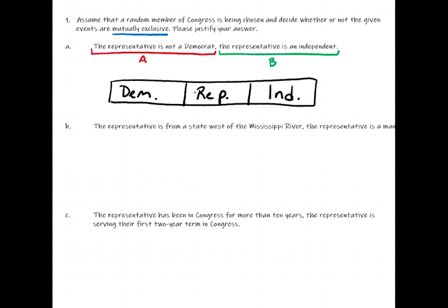Not a Democrat, meaning either a Republican or an independent. And event B is the representative is an independent. So it looks like you can be not a Democrat and an independent at the same time. So for part A, we will say not mutually exclusive.